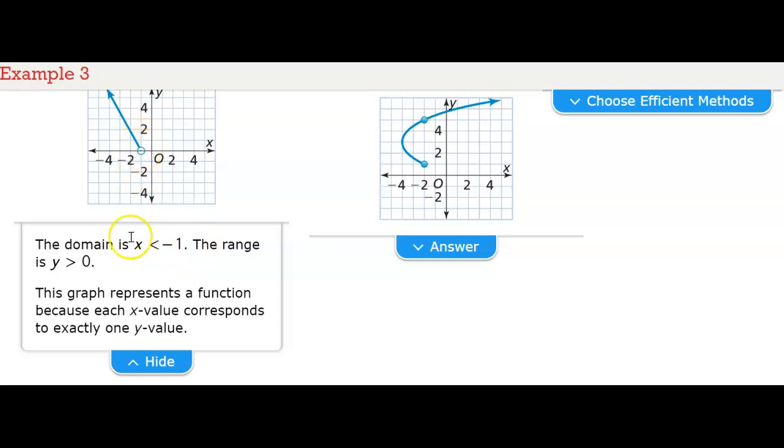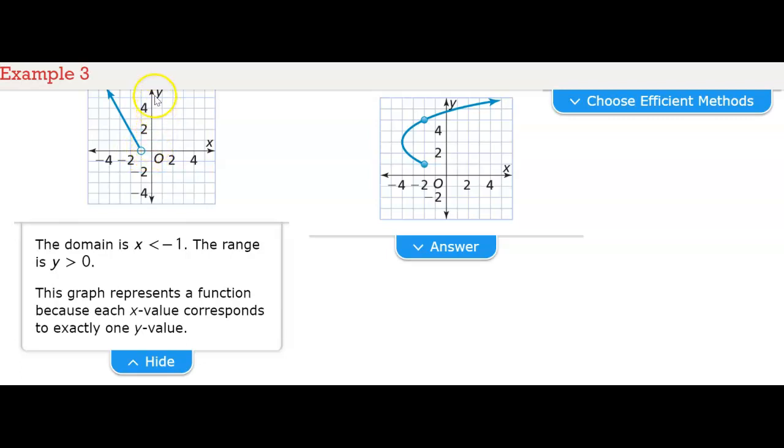You have that open circle, so it does not include -1. That's why it's an open circle on the -1. And so x's domain, or the values of x, are all less than -1. The range is y is greater than 0.